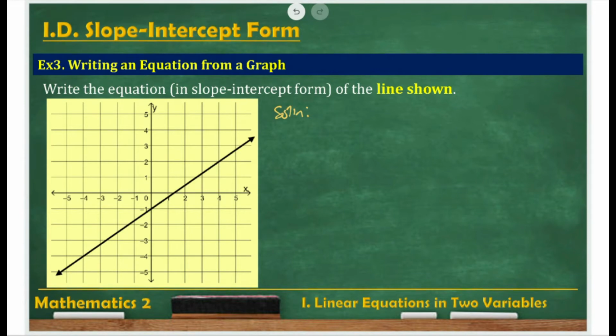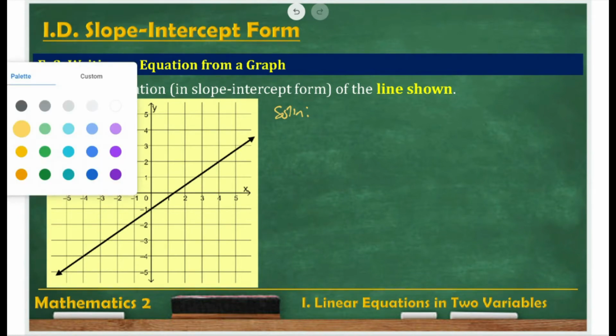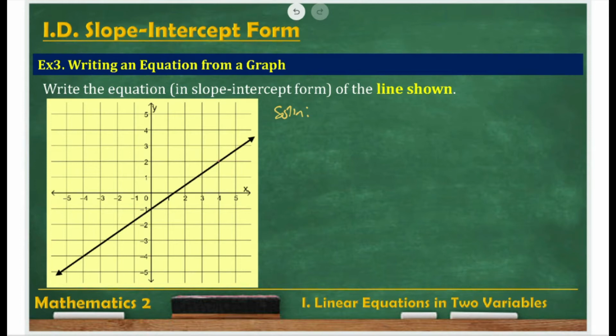We can choose two points from the line. Let's just choose points whose coordinates are integers. What are the points that can be considered? We can try to choose (4, 2). We can also choose (0, -1), even (-4, -4). But here, we only need to choose two points.